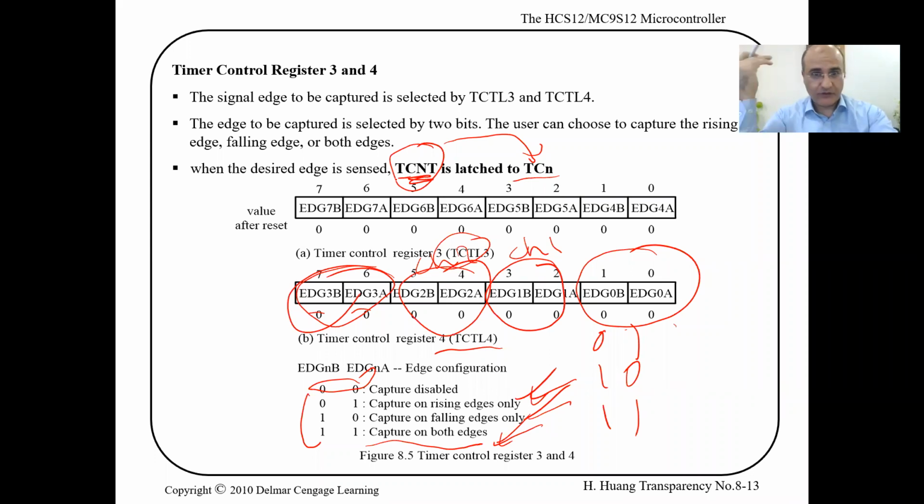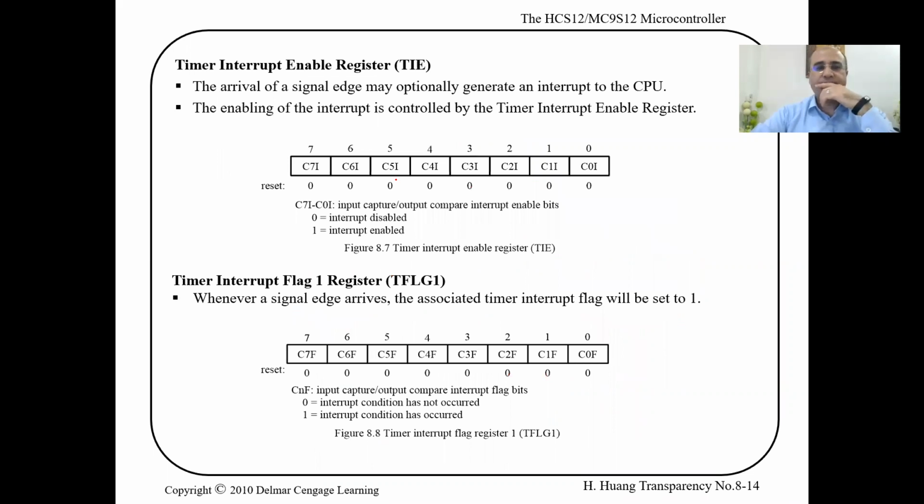You don't care about making sure that it is running in your software. The hardware is doing that for you. You can only configure the speed of how fast it's counting, and you can read it at any point of time or write it at any point of time. Okay, so this is input capture.